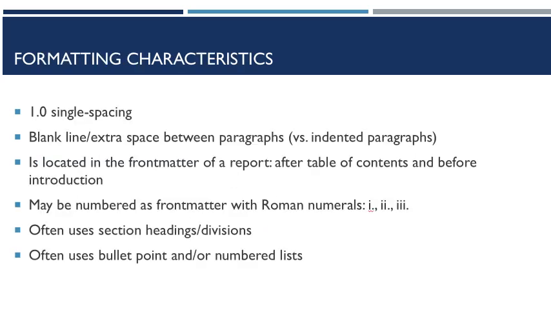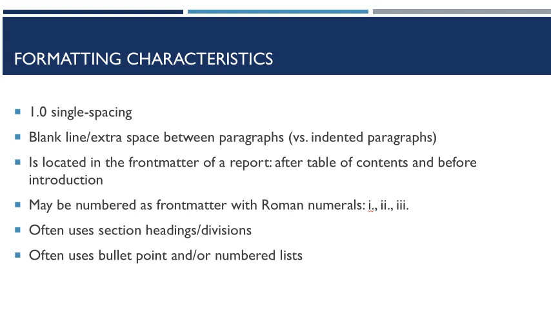As far as formatting an executive summary, you have a pretty good amount of leeway with your decision making. You just want to make good design decisions. It's almost always single spaced at 1.0. The formatting generally has paragraphs separated by a blank line space rather than indented paragraphs.